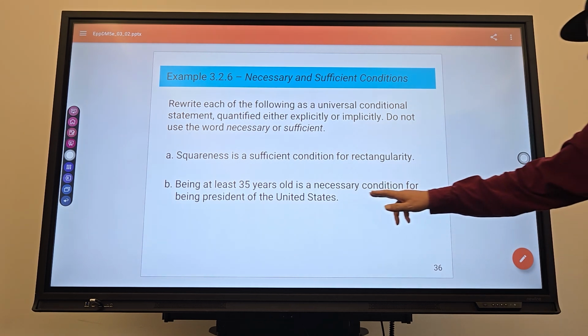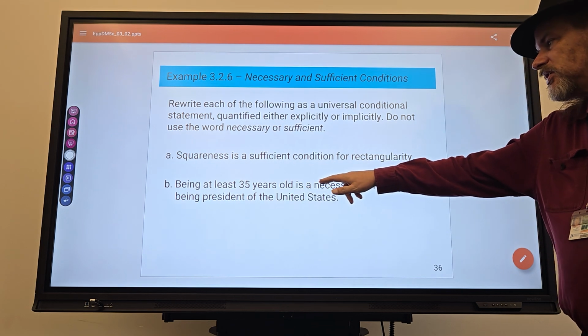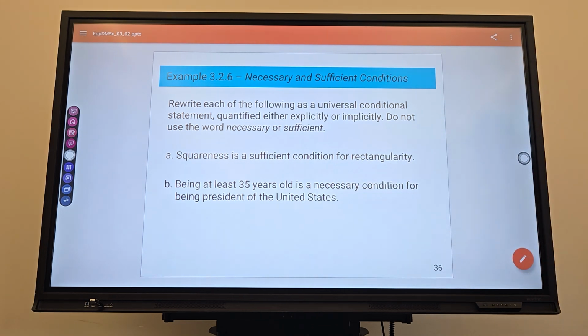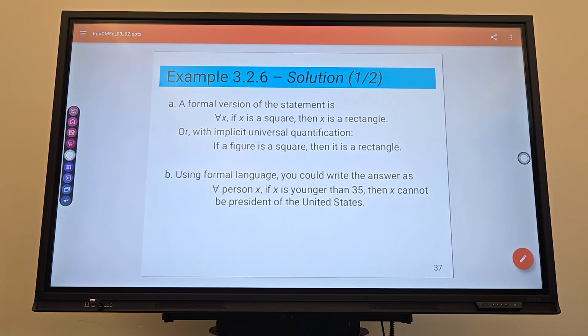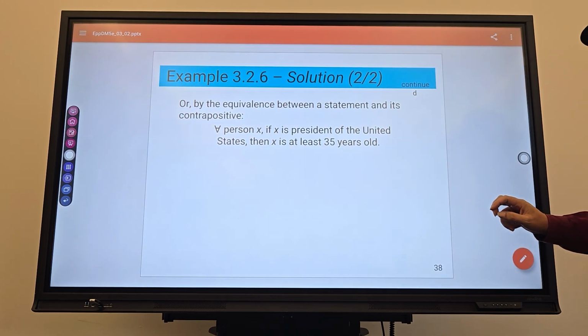If you flip them around, the second part is given first in the if statement. So if a figure is a square, then it is a rectangle. If X is younger than 35, then X cannot be President of the United States. Or the contrapositive of that, if X is President of the United States, then X is at least 35 years old.